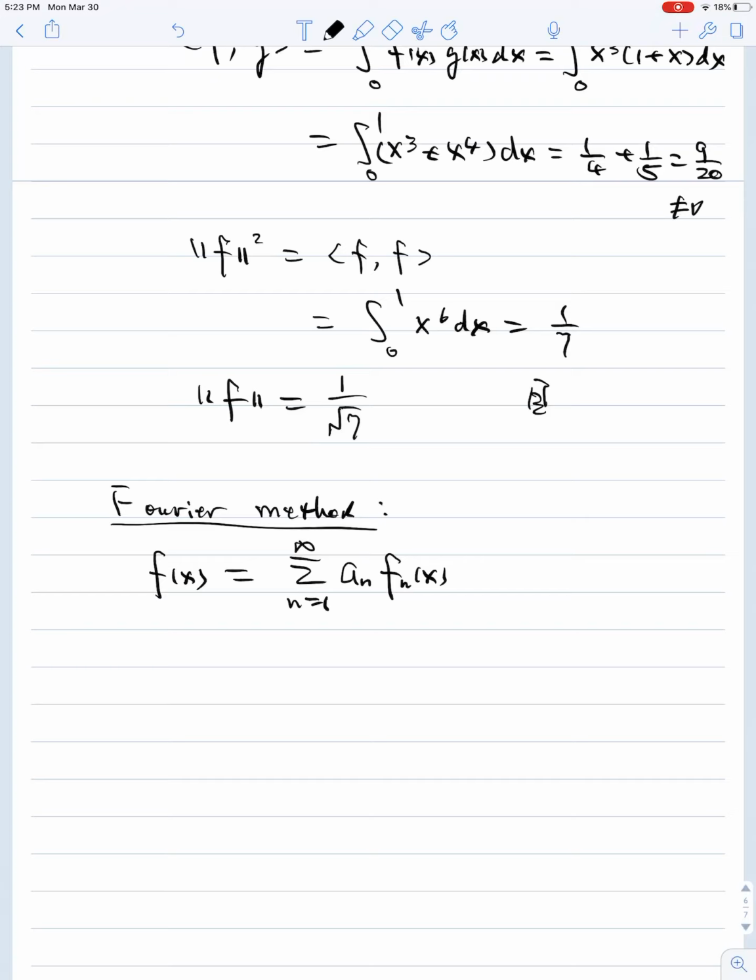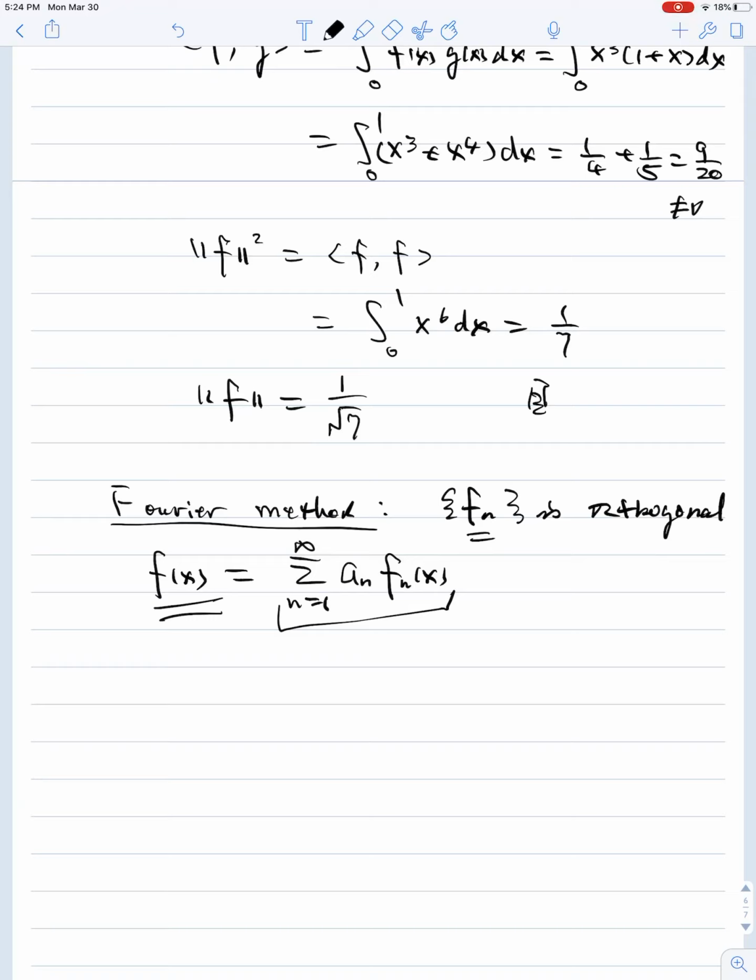We assume that f_n is an orthogonal system. So we like to express f(x) as an infinite sum on these basic elements.